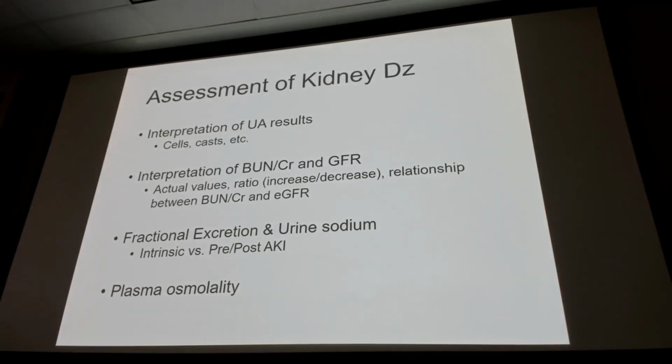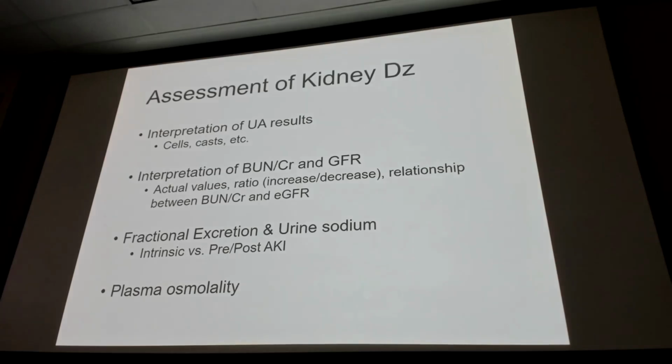And to make sure I don't forget to say it later, make sure you know how to calculate an anion gap. There is going to be one question where you have to actually do math, and the formula is not provided for you, okay? So if there's one thing that you commit to rote memory, and it's in the slide deck, make sure it's the formula for calculating an anion gap, okay?